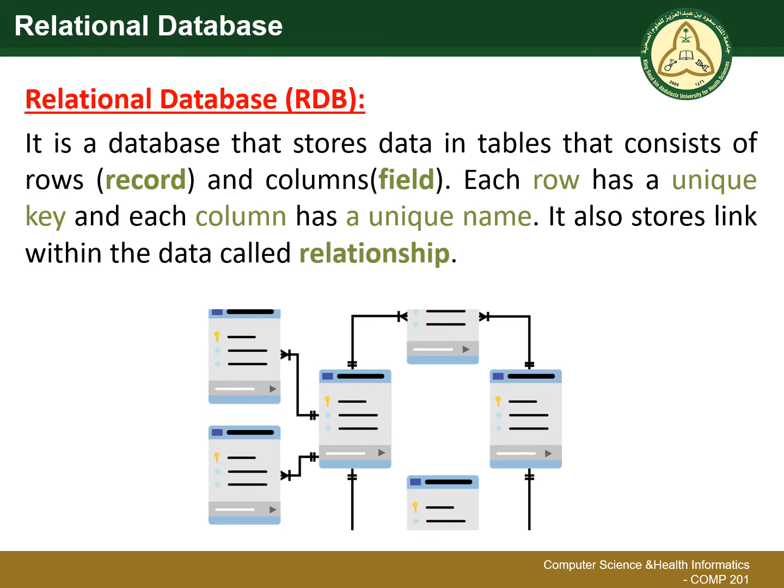The table consists of rows or records and columns or fields. Each row has a unique key, and each column has a unique name.